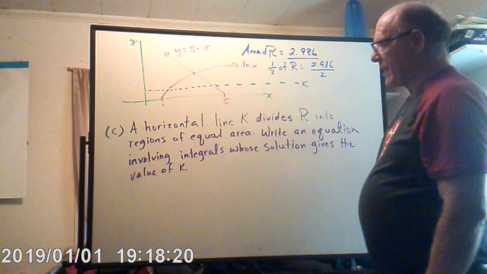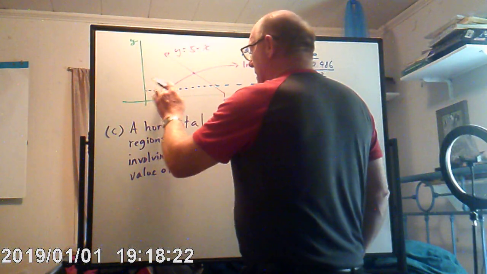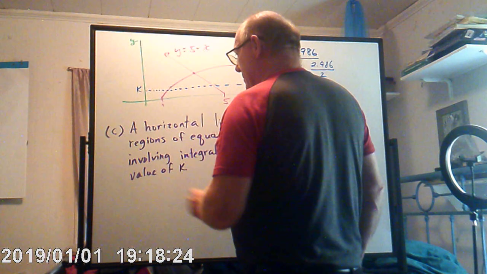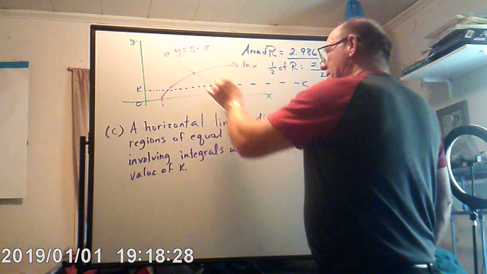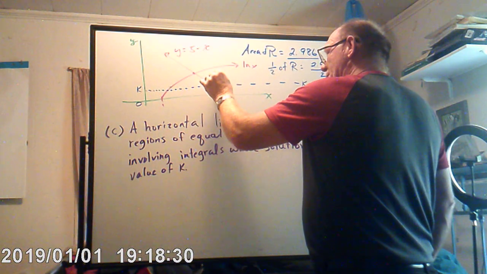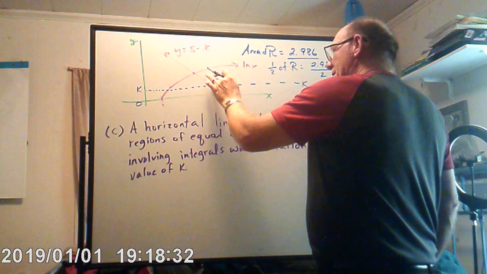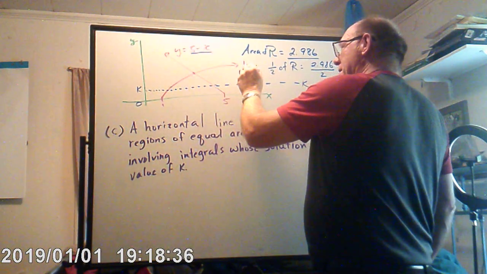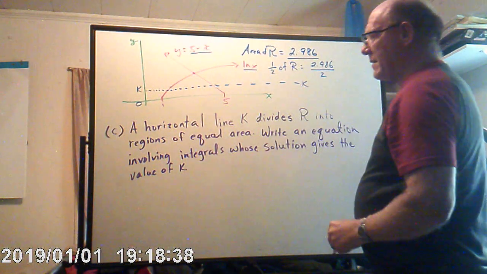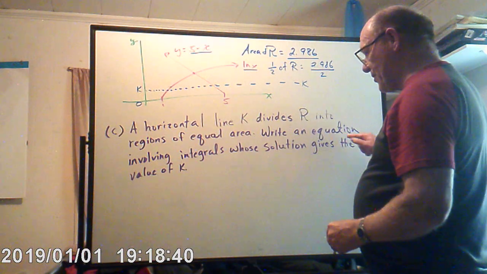Alright, so let's see. Alright, this is K right here. We know down here is 0. We know this part right here is y is equal to, well, we already got that, 5 minus x, and then ln of x.